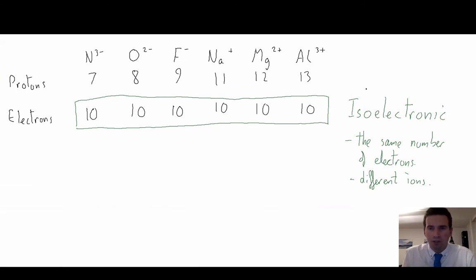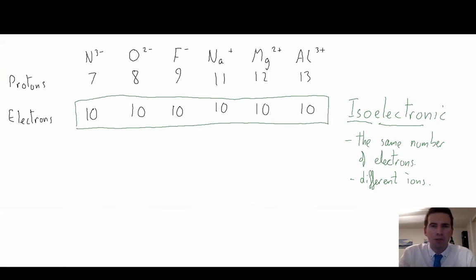So iso is to do with being the same. Electronic is to do with electrons in this case. Now this is a key word which can be used in questions or can be required in answers. So make sure you add this one to your glossary.